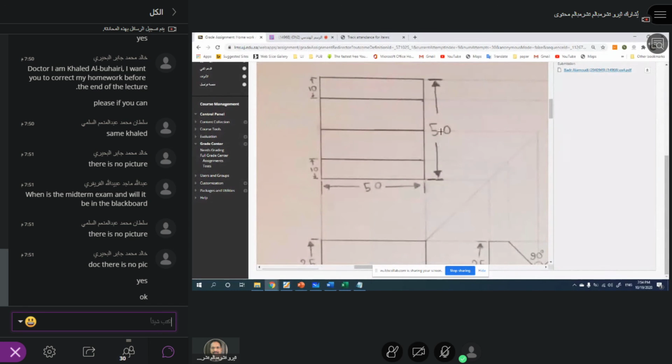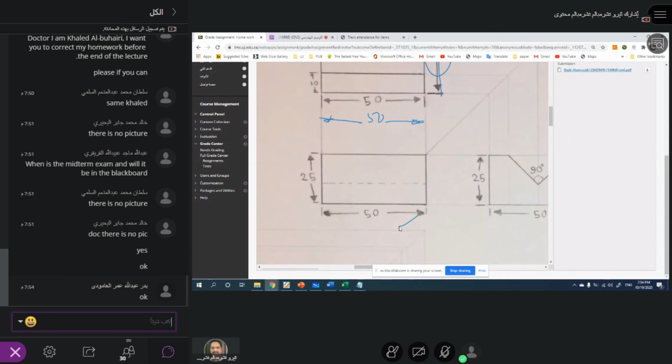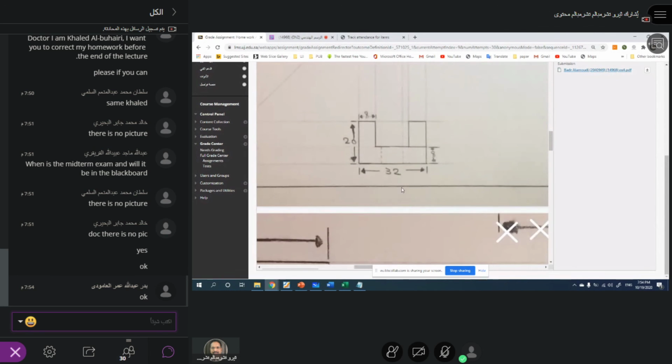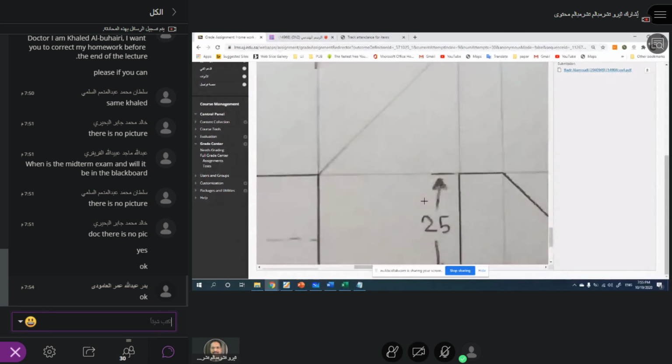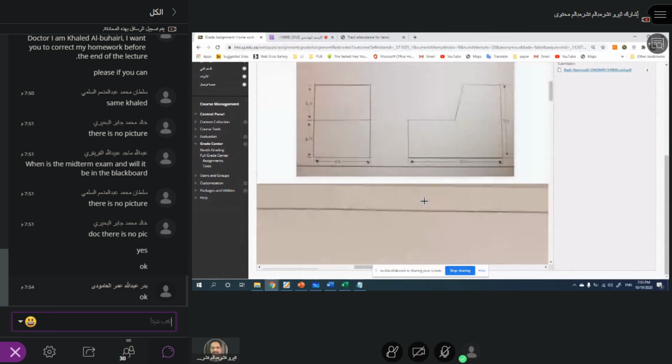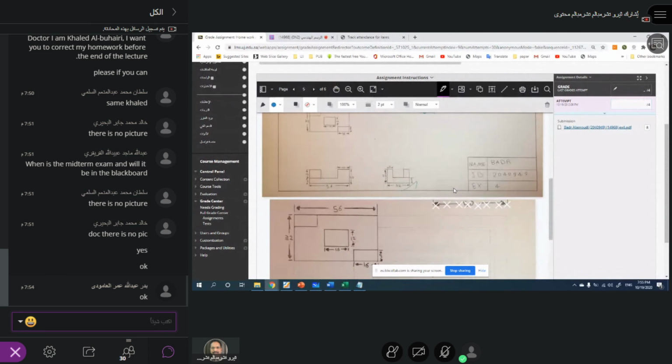I think you're good. So use your scale and draw it neatly. Okay. Make it plain. This one you have to draw. Where's the nameplate? Only your nameplate next time. I don't want to see it like this. Okay.